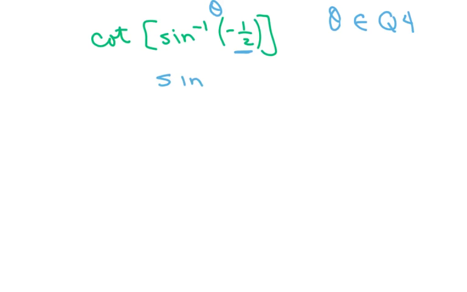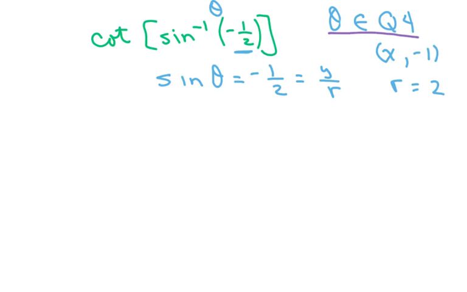I have sine of theta equals negative 1/2, which is y over r. I know y is negative 1/2, and I know r is 2. Therefore, we have to find x. We know x is going to be positive because x is positive in quadrant 4.